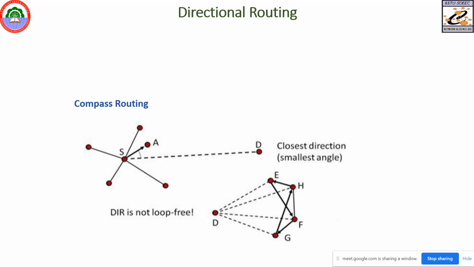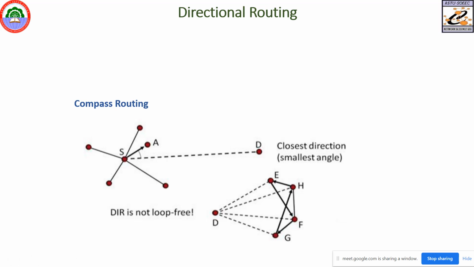Let us assume that here, if we consider the line SA, it makes a smaller angle with SD when compared with the remaining angles. This angle is very small when compared with the remaining angles. So this node A will be chosen to transfer that information.